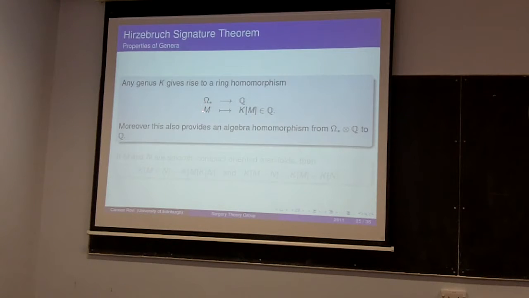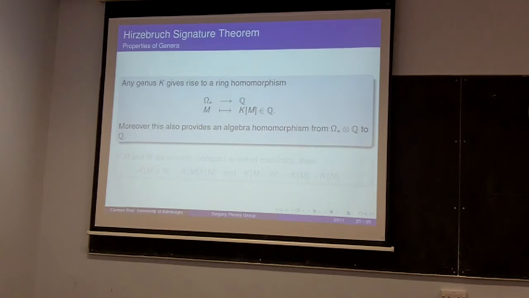So if we pick any of these manifolds in this ring, then thinking of k genus as a function, this maps to this here, and that is a rational number, so it's in here.